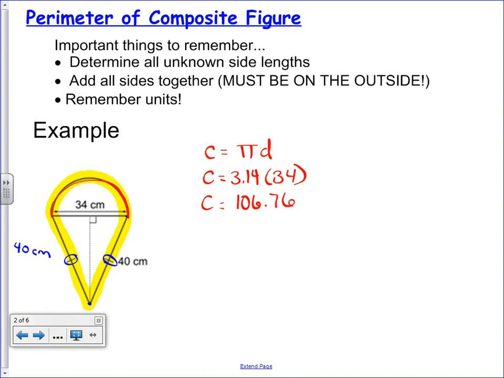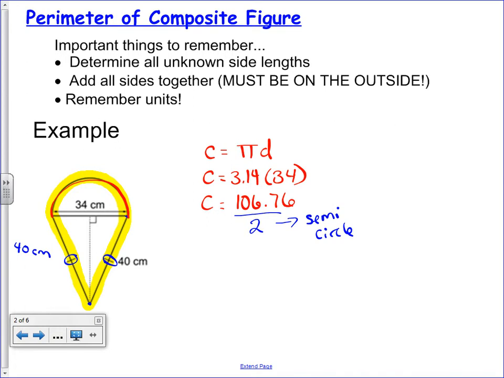Okay, is that the answer that I'm going to use there? No. There's something that happens here that I have to be careful of. What is it? Well, good. I divide it by 2 because it is a semicircle.